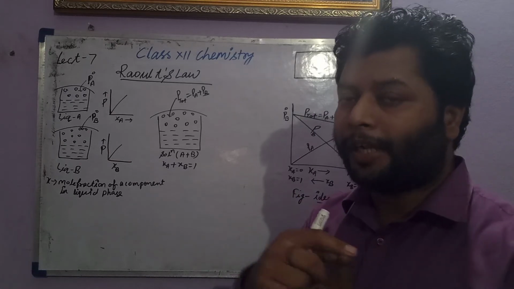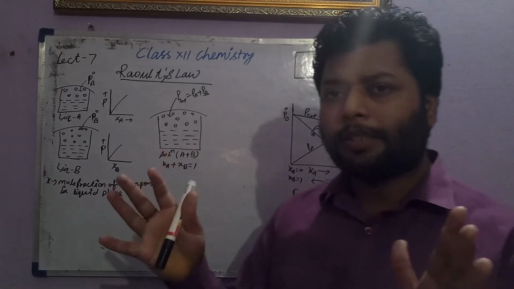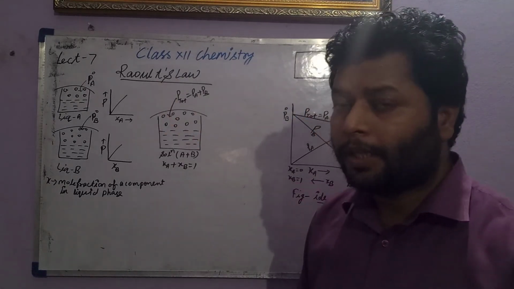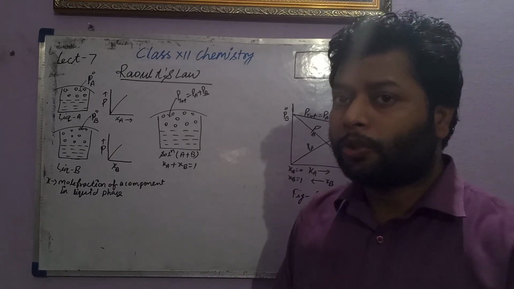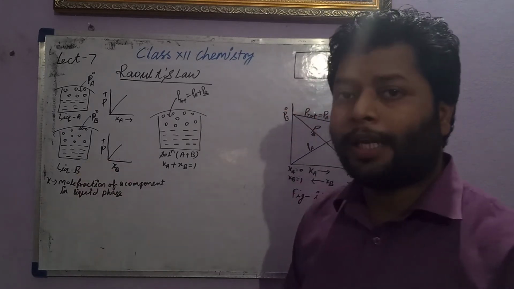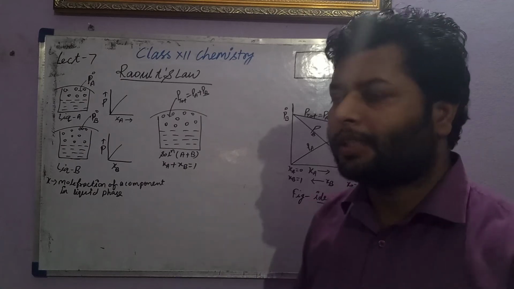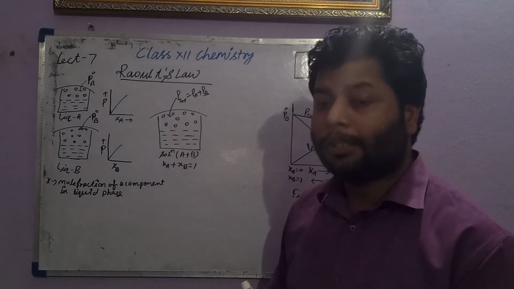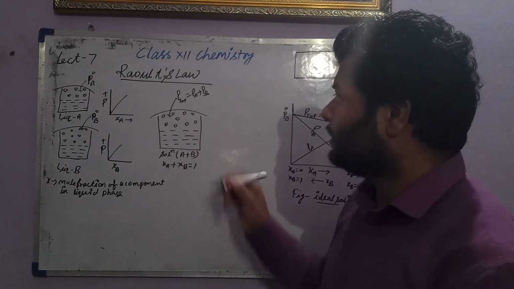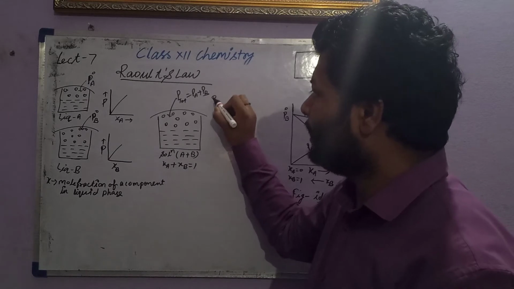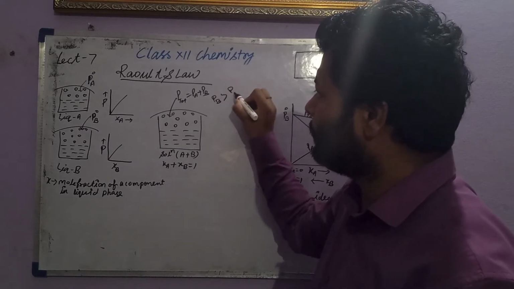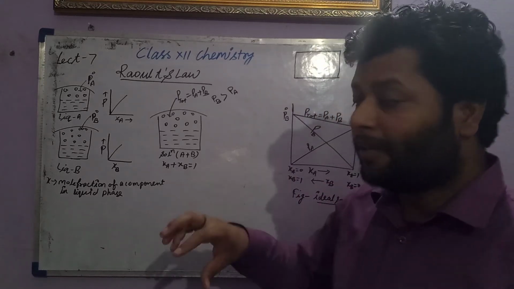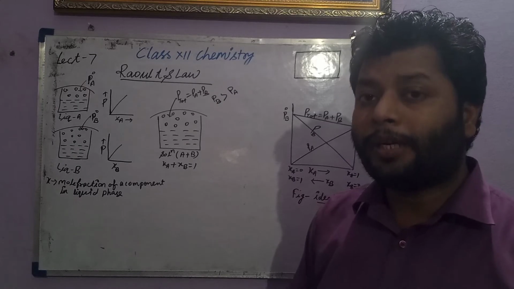Before starting, let me remind you of what was delivered in the last lecture. In the last lecture, we learned there are two different liquids. One may be more volatile, meaning having more tendency to escape easily, and one is less volatile. Suppose liquid B is more volatile than liquid A. Therefore, the contribution to the total pressure, PB, must be greater than PA, because component B is more volatile.